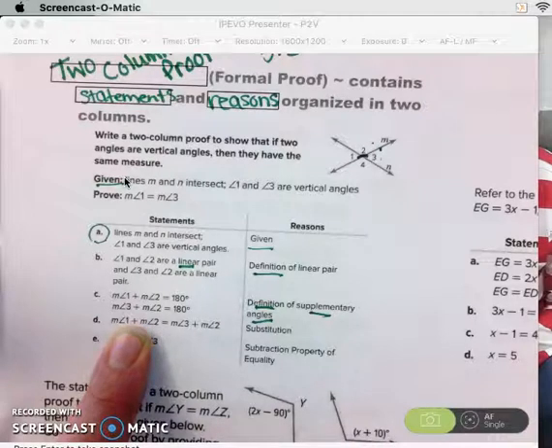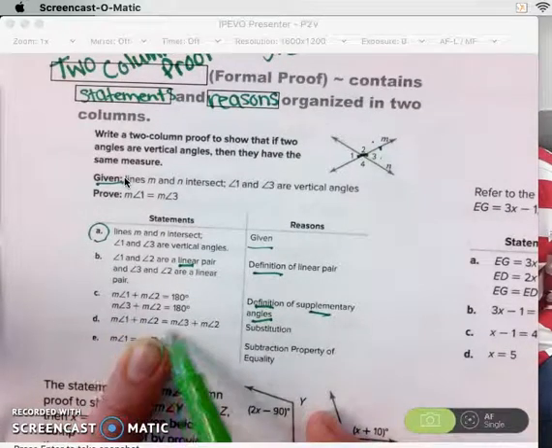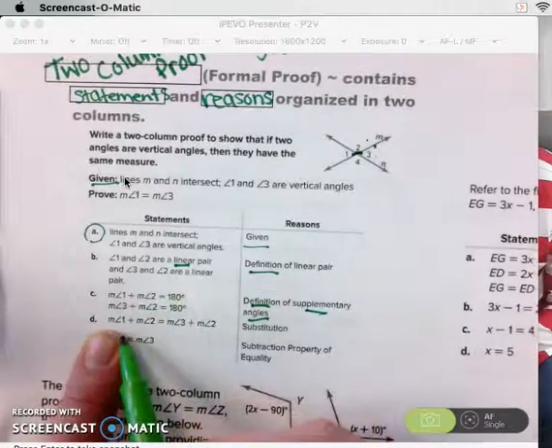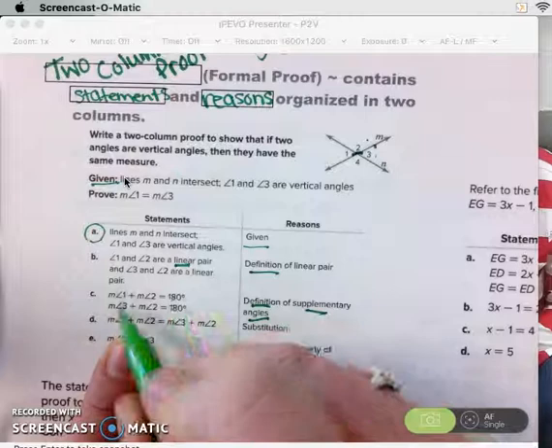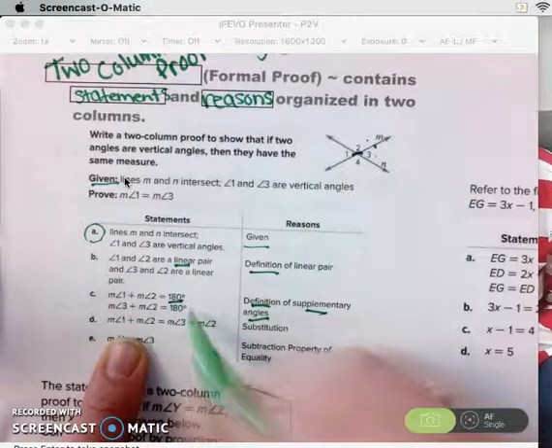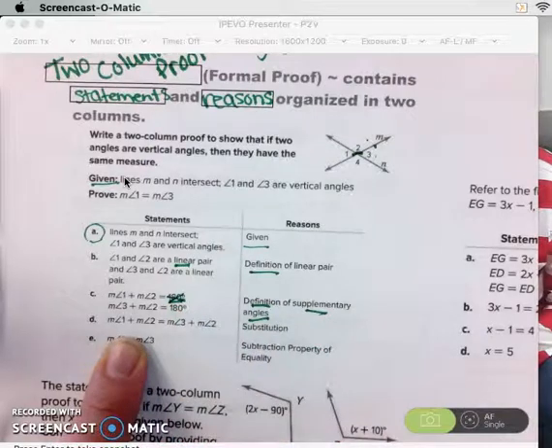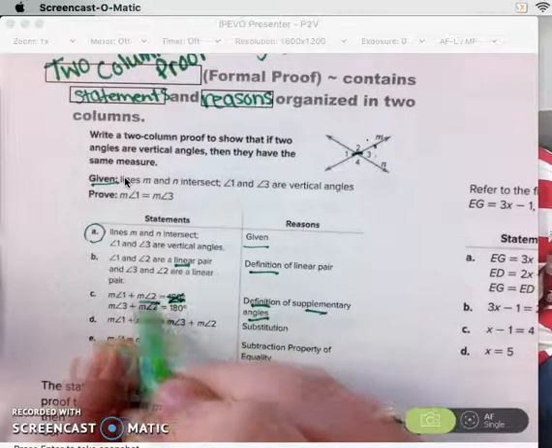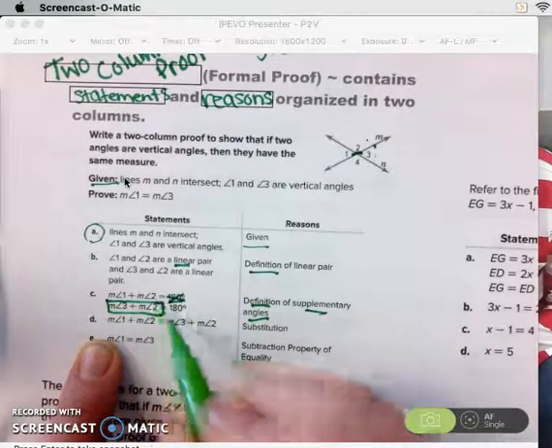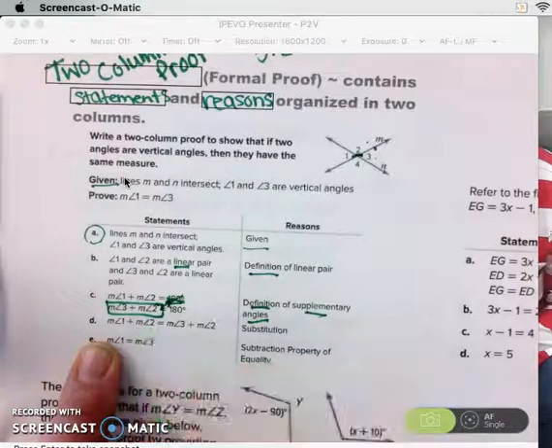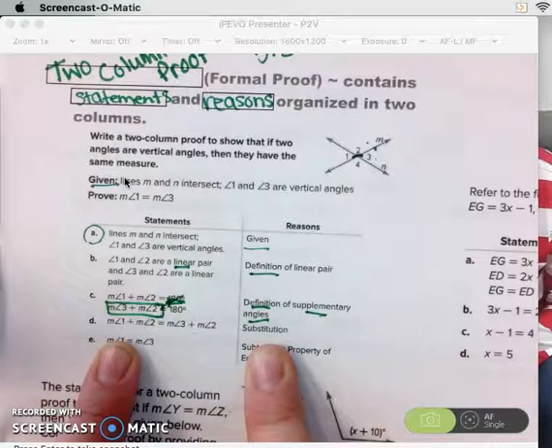Then 1 plus 2 is equal to 3 plus 2. If I look here, 1 plus 2 is equal to 180, so instead of 180 down here, I'm going to substitute this part into this 180 spot, because it also equals 180. So I'm substituting it in.